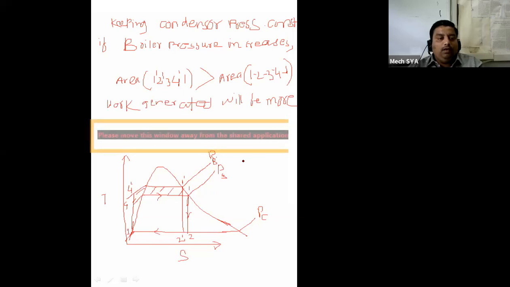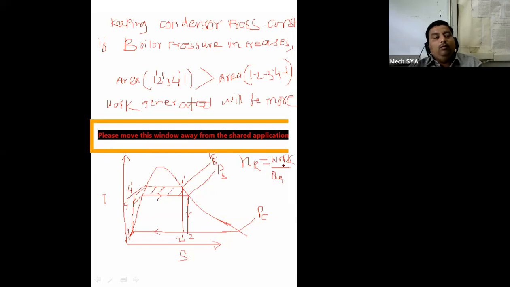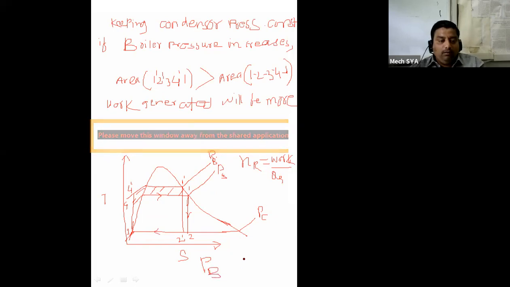Work generated more means eta Rankine is equal to work obtained divided by heat supplied. Means if work is more, efficiency will definitely be more, and therefore if boiler pressure increases, Rankine cycle area also increases, work done increases, means efficiency increases. Therefore boiler pressure is directly proportional to eta Rankine.